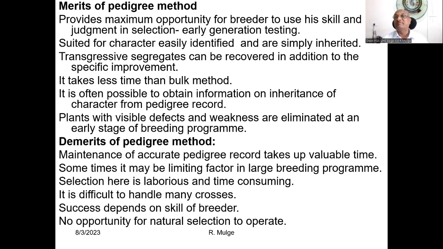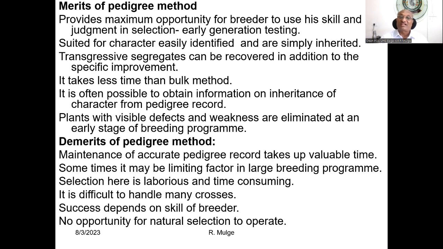Success depends on the skill of the breeder: how good his knowledge of the genetics of different characters of that crop is, and how good he is in the principles of plant breeding and genetics. Then only he will be successful.